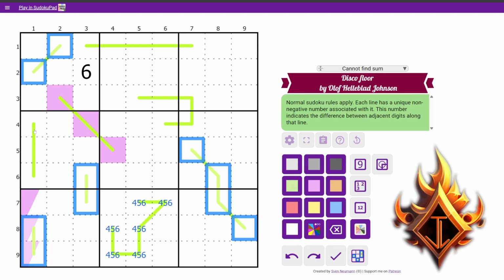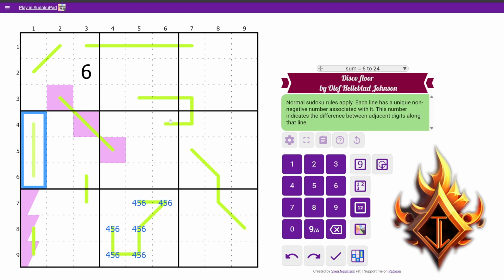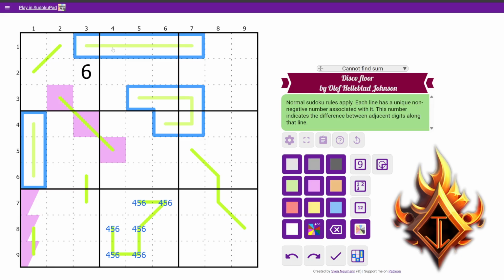So these are going to be 2, 3, and 4. This top one cannot be 4. Could it be? It can't be 3 either. Oh, that's not right, is it?